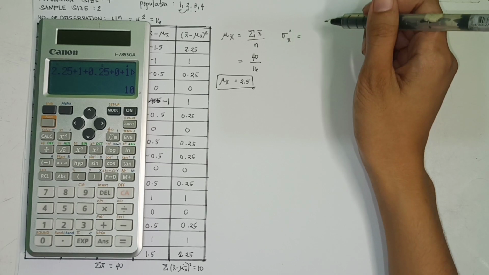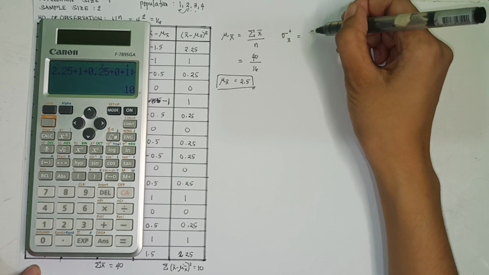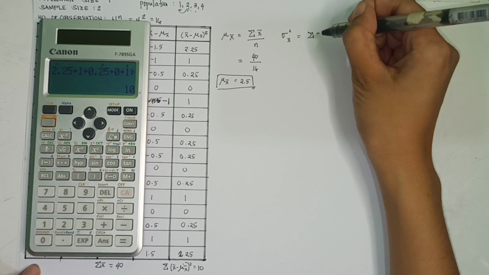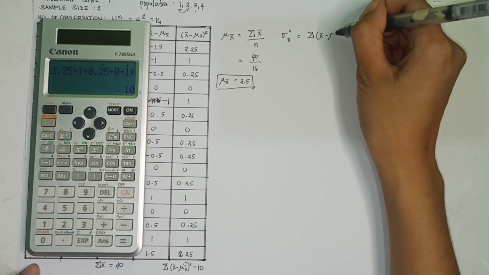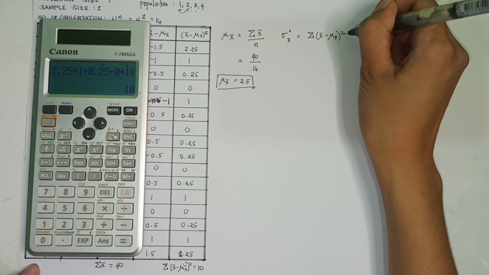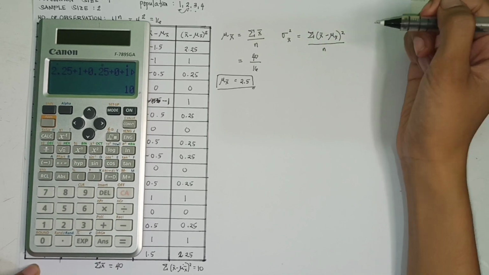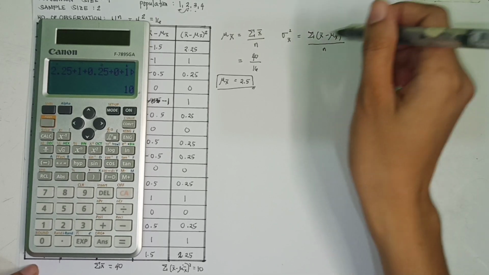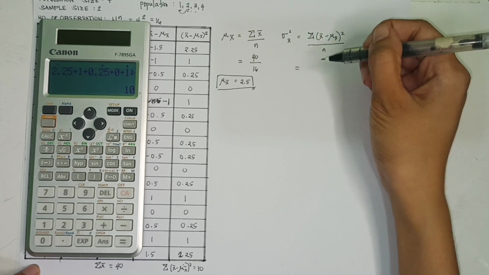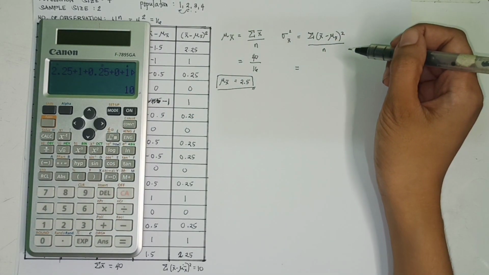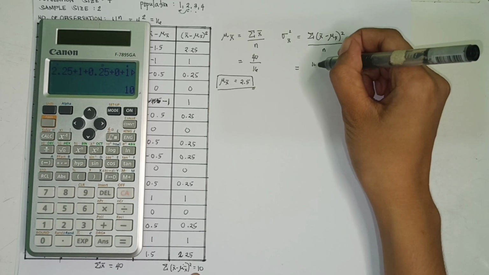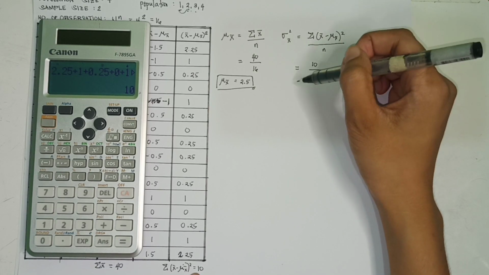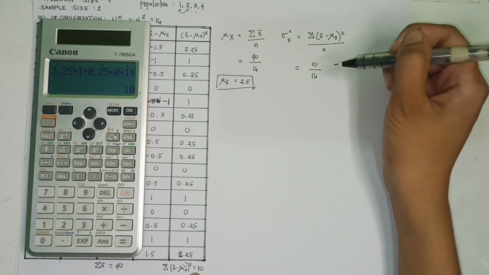Okay, so to find sigma squared sub x bar, the formula is sigma squared sub x bar is equal to the summation of quantity x bar minus mu sub x bar squared over n, where n is the number of observations. So that is equal to, may nakuha na tayong summation ni x bar minus mu sub x bar squared, which is 10, over the number of observations, which is 16.